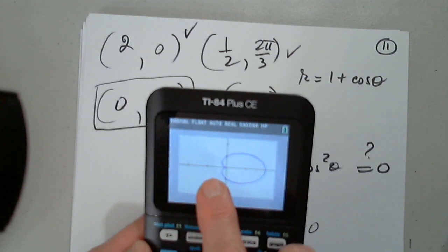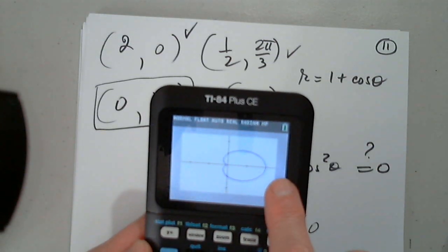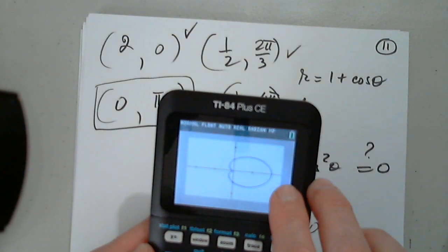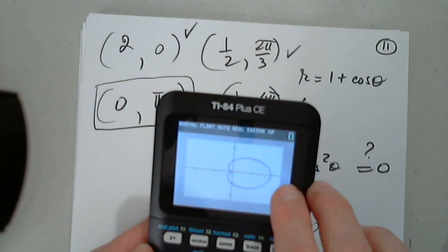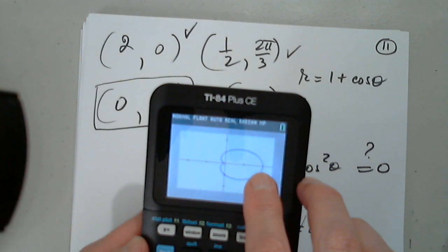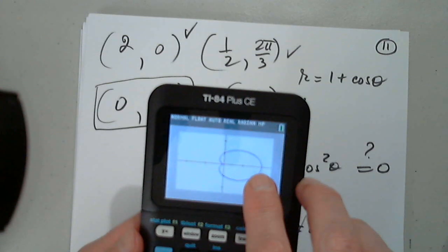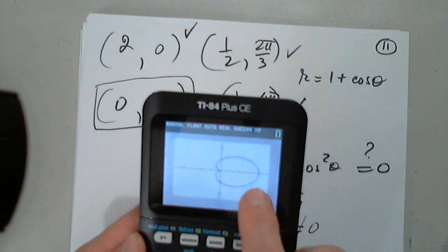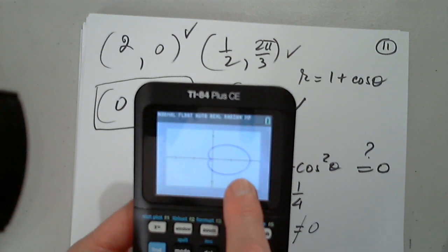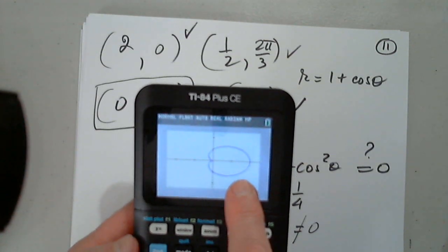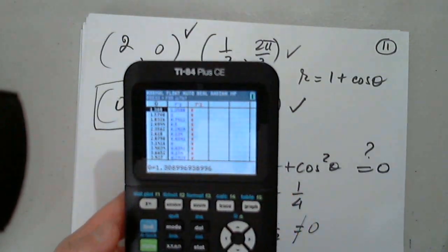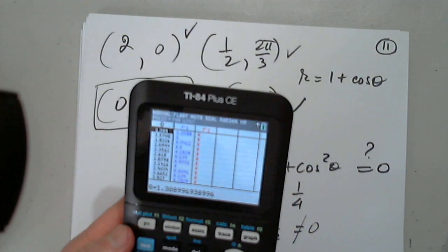So r equals 0 and the angle is pi. The tangent is horizontal. It's not vertical, but I can't show it to you. For some reason, it doesn't show. Let me plug in pi.